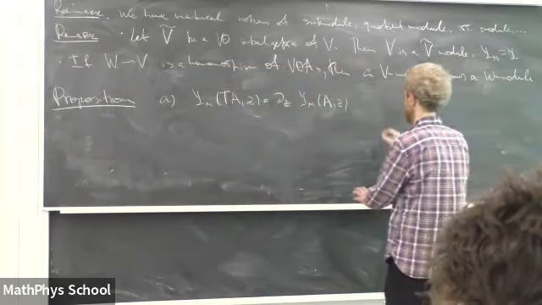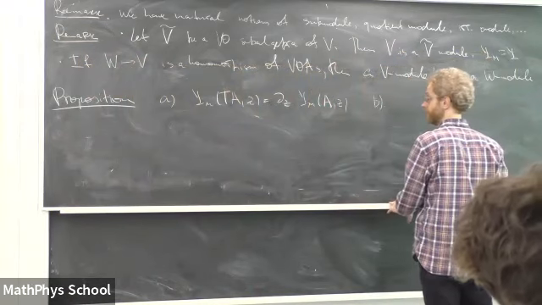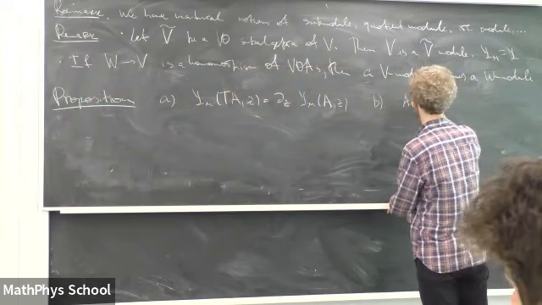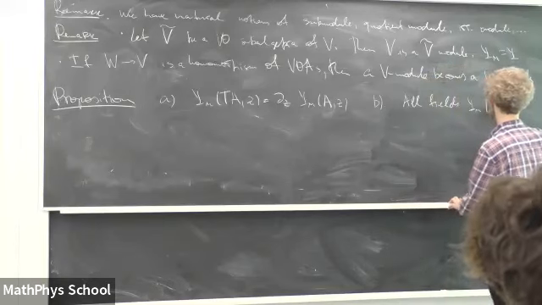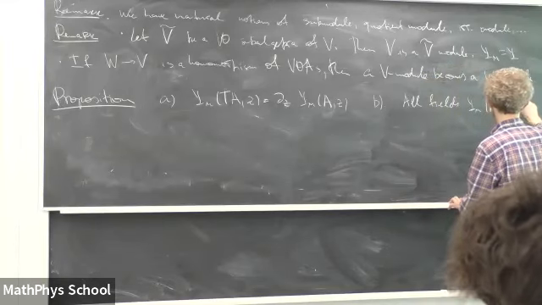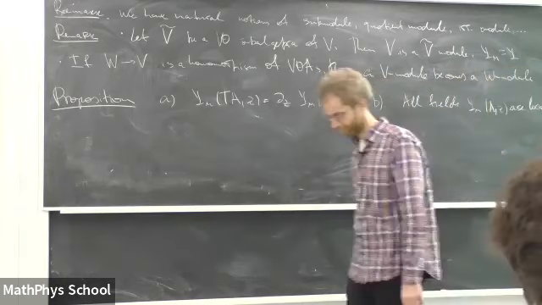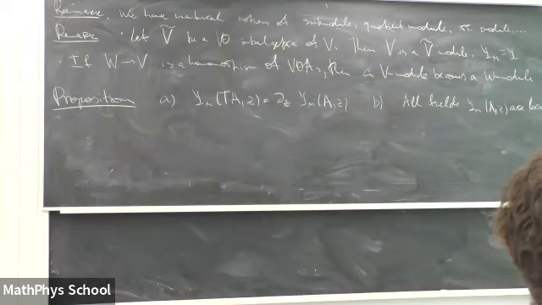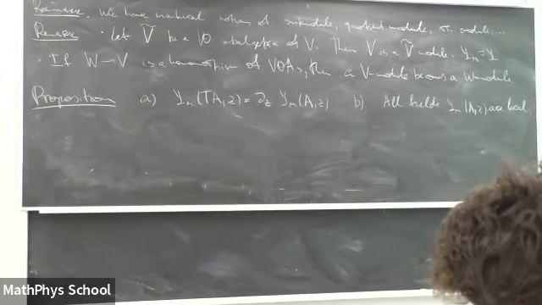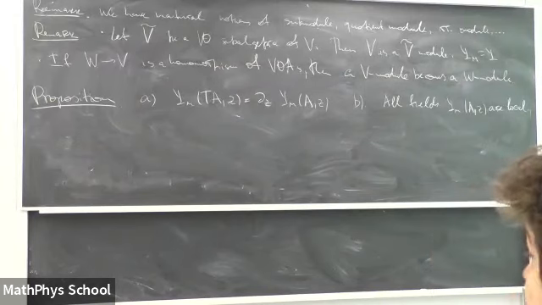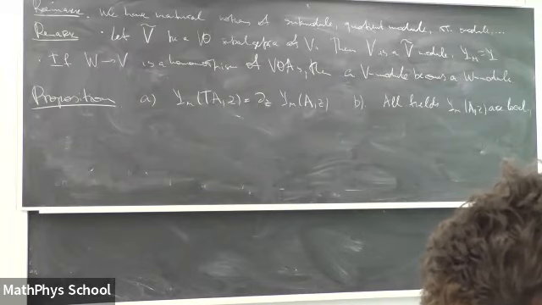And the second thing is what Andrei already said, that all fields Y_M(a, z) are local. So you see that we started with the locality, and this was kind of the main ingredient of the definition of a vertex algebra.